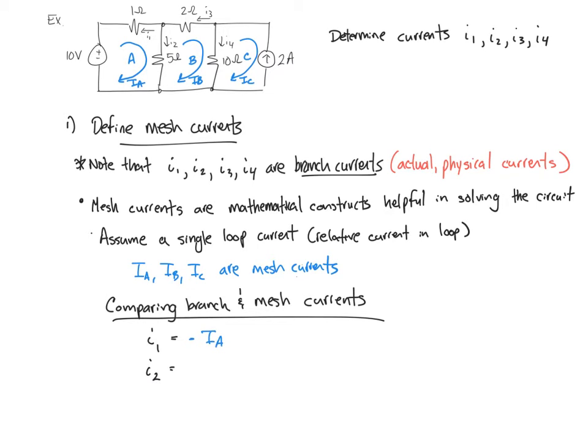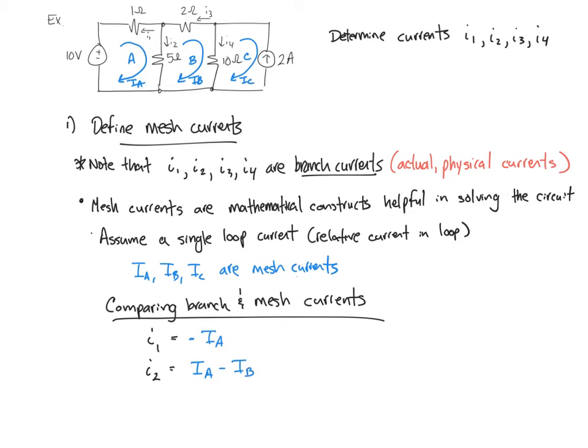I2 is the branch current through the 5 ohm resistor. We can split I2 into 2 mesh currents. There's IA going through the 5 ohm resistor in the same direction, so I2 is going to be positive IA, but IB is going the opposite direction, also through the 5 ohm resistor, so we subtract off IB.